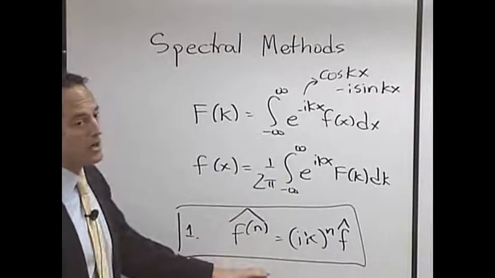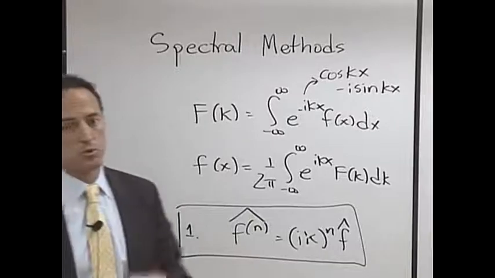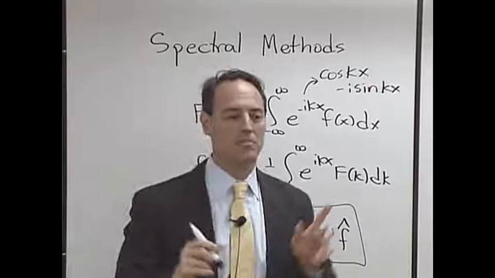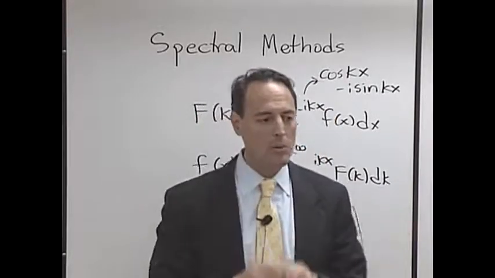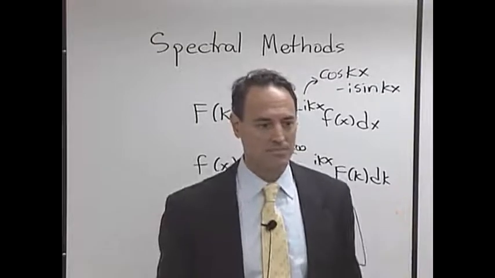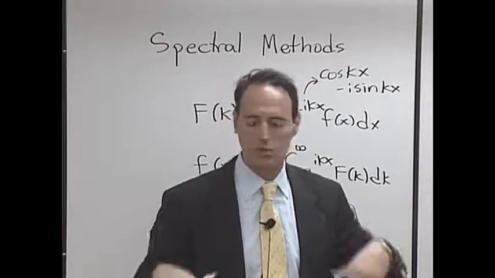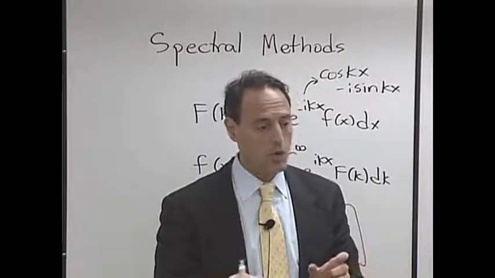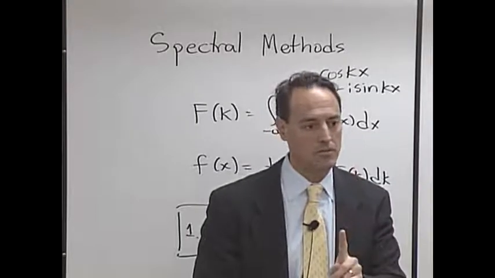But let's talk about what this means. This tells you the relationship between derivatives and the functions of the derivatives. How did we do derivatives up to this point? When we were taking derivatives with finite difference, what we relied on is neighbors. You discretize, you see what the neighbors are doing, and from your neighbors you calculate your derivatives. Right? So you relied on local information.